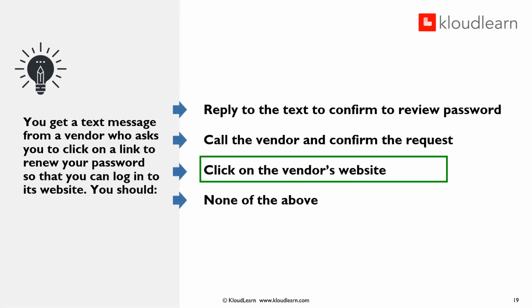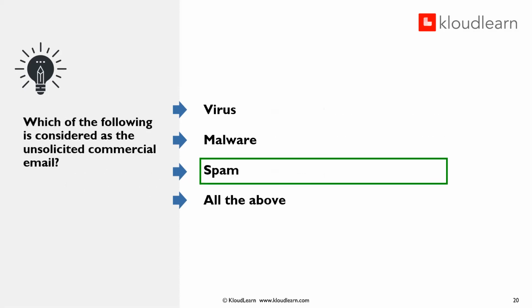You get a text message from a vendor who asks you to click on a link to renew your password so that you can log into its website. What should you do? Which of the following is considered as the unsolicited commercial email?